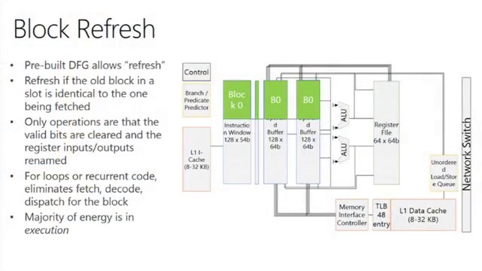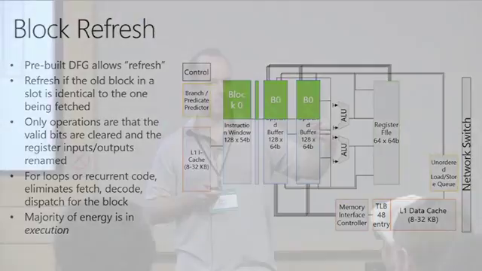Okay? And I don't have time to go into this in great detail. There's lots of stuff to read if you're interested. But one of the really nice things is that when you have any recurrence in the program, say a streaming app or a loop, and some enormous fraction of many programs is just recurring loops, this data flow graph in a block that's been mapped to part of the window, of course you can map multiple blocks, is actually resident there.